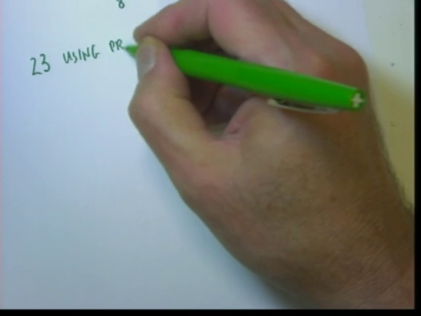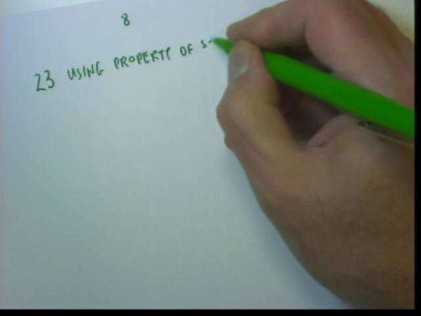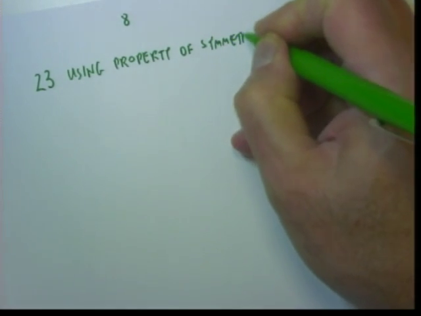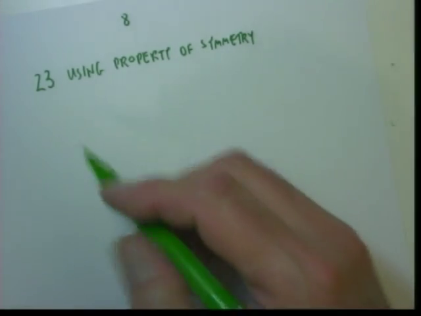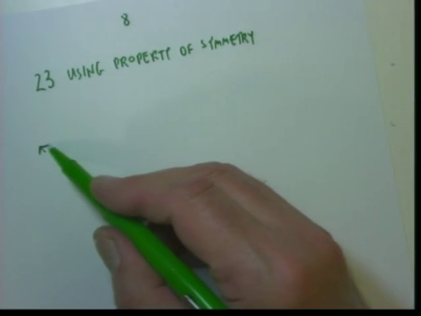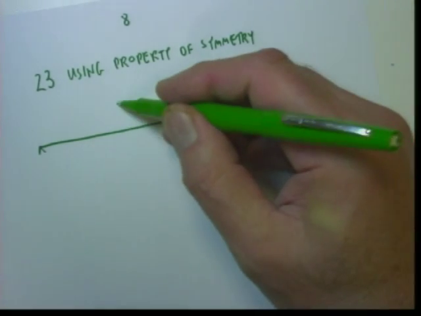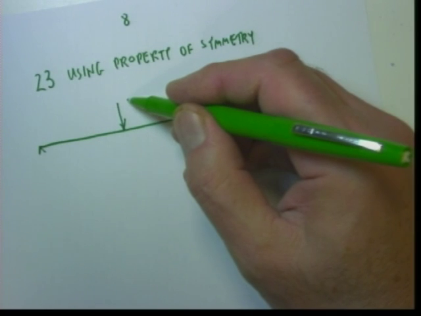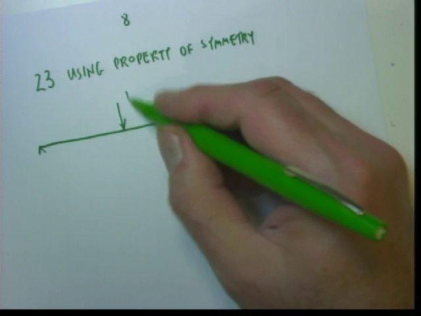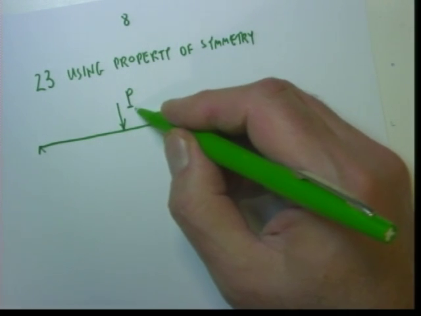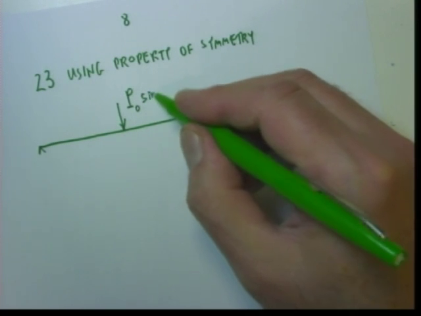Using the property of symmetry. And this is like this. I have this beam, and here acts this load, P sub 0 sine omega t.